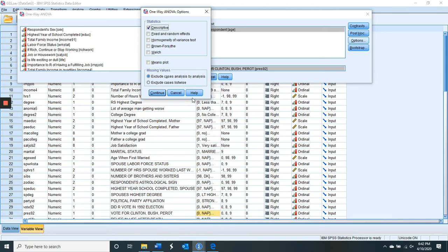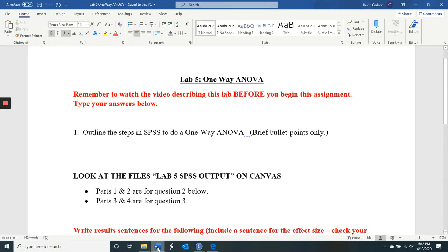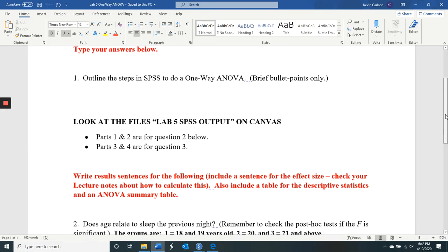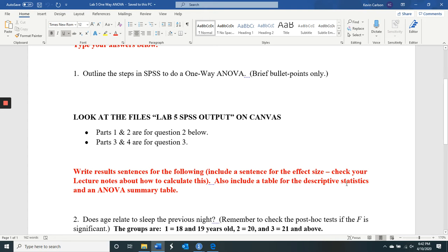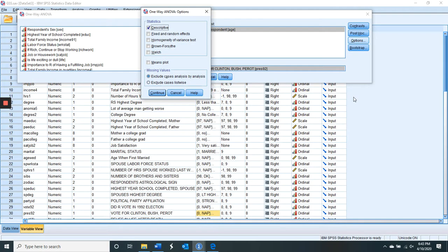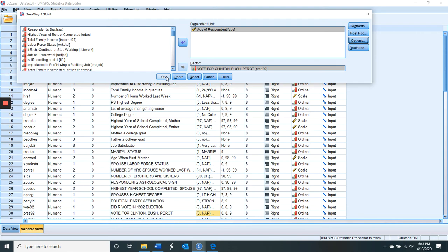In the lab, you're going to be asked to write a result sentence and to have the tables that we had in our homework, which are the descriptive table and the ANOVA summary table. You need to write those two things up, and we need the descriptives to do that. Those are the steps I'm outlining. So just say continue for descriptives, and we just press OK.